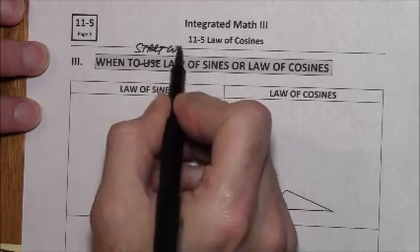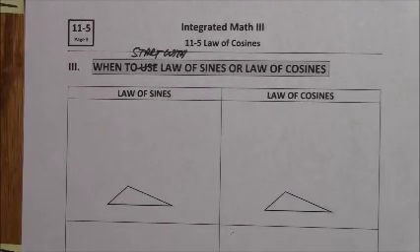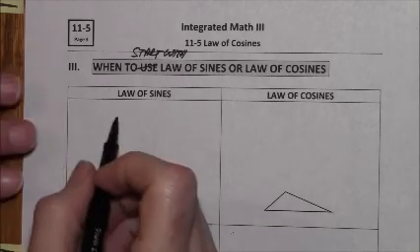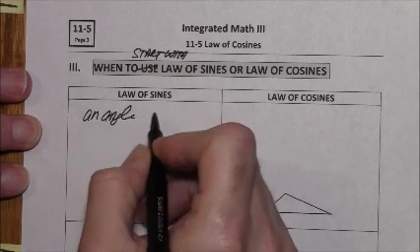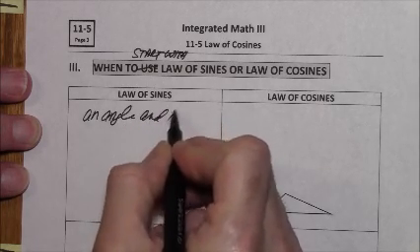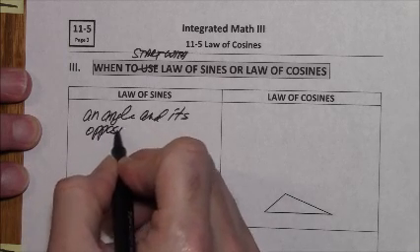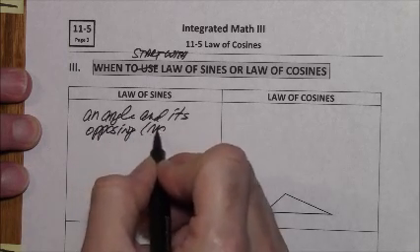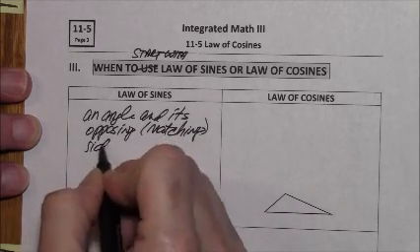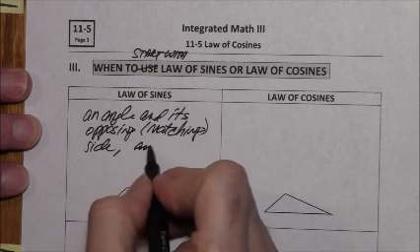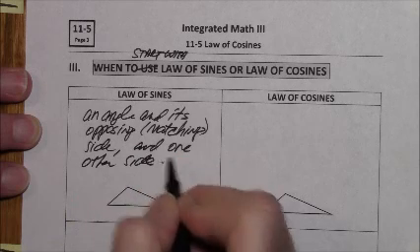Start with. And to some extent, it's just whatever you're able to start with. So let's take, for instance, for the law of sines, if you have an angle and its opposing side, which we sometimes call its matching side, the one across from it, and one other side.